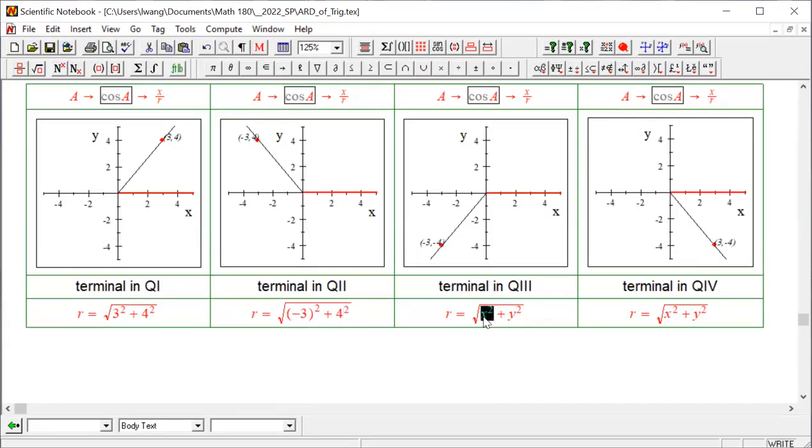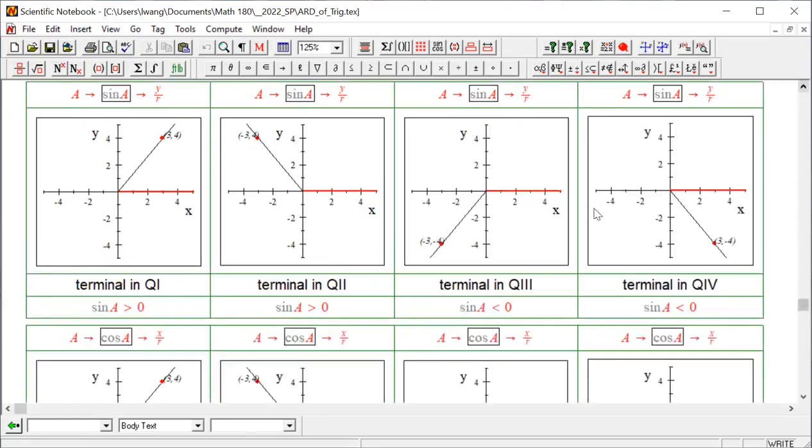And in this case, it's -3, -4, so -3 squared plus -4 squared. They all end up being 5. That's not a problem for all of these cases.